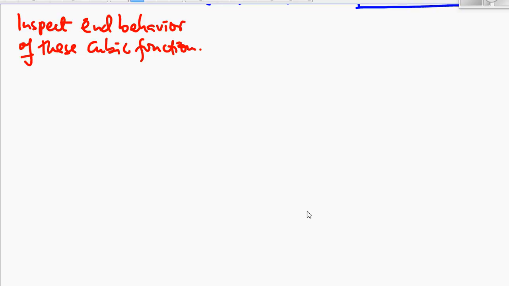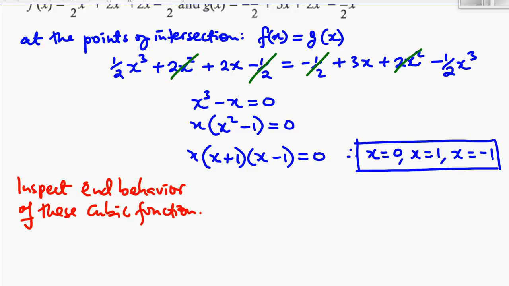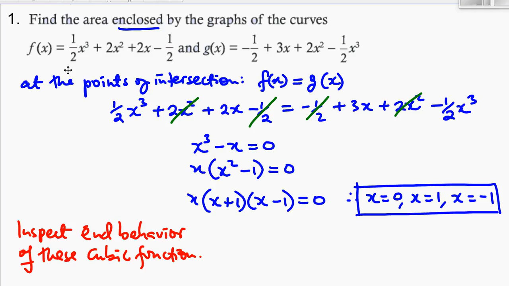So we know that if a cubic function has a positive leading coefficient, like for example f of x, the one on the left, it means that it starts down and goes up.